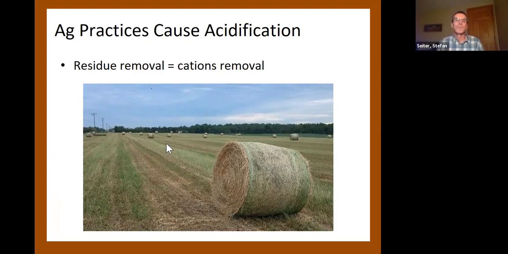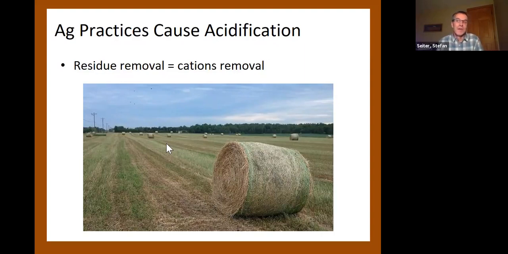The other big one is when we remove residue, like baling that hay or taking off the straw. We basically take nutrients off of that field, and a lot of them are cations. That's why nutrient removal or residue removal usually means cation removal, and it also facilitates acidification. Our grass seed farmers know that well, and they always make that choice.